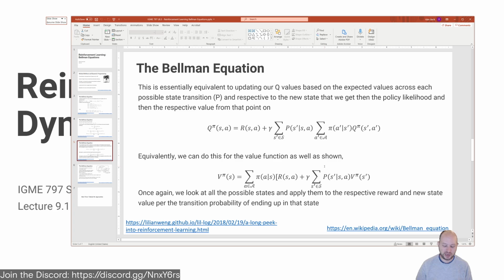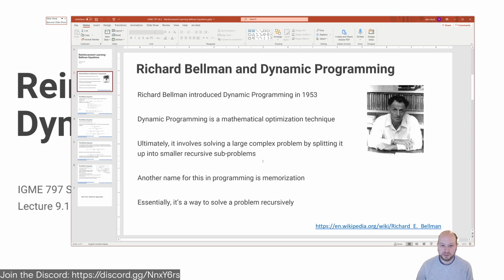You can imagine having a state, and you know which state you may be in, and then you know the values of those states based on the same equation, and then you recursively call this over and over again. Again, this was named after Richard Bellman, who was the pioneer of dynamic programming.